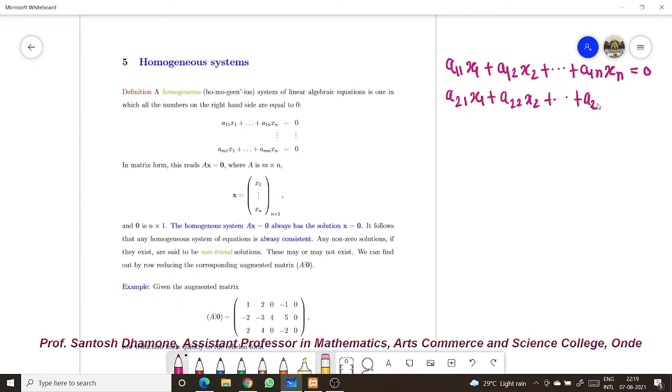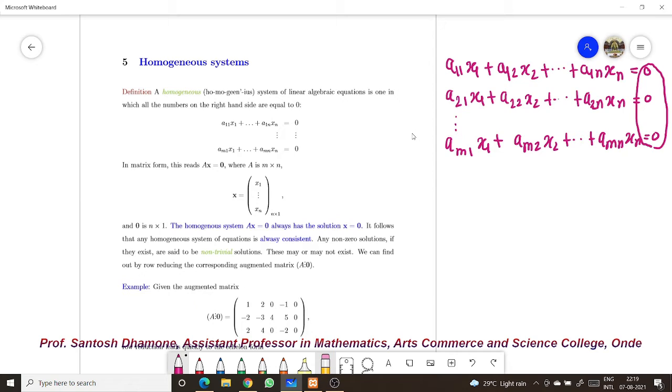This is a system of linear algebraic equations. This system of equations is homogeneous when the right hand sides of these equations are all equal to 0.